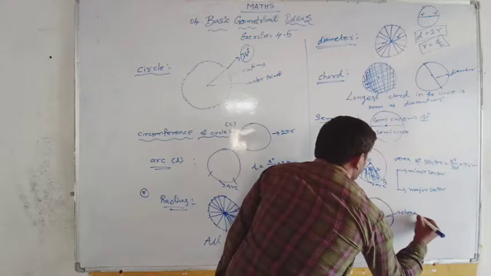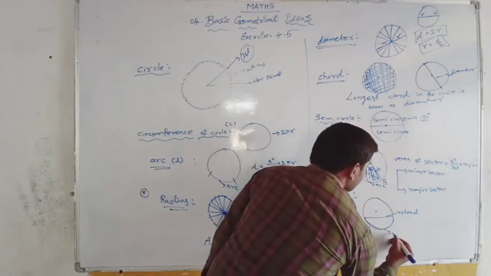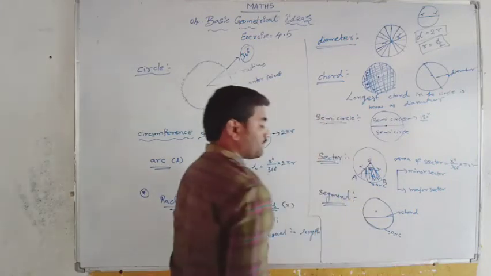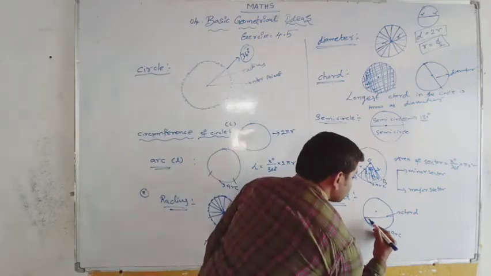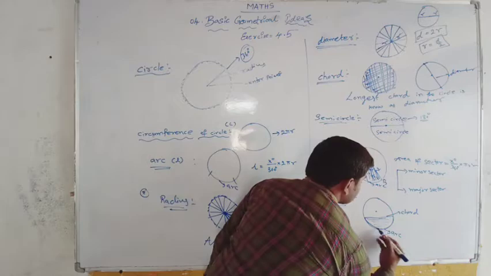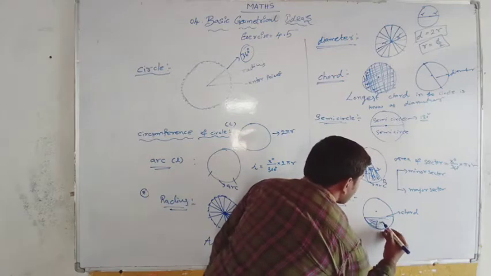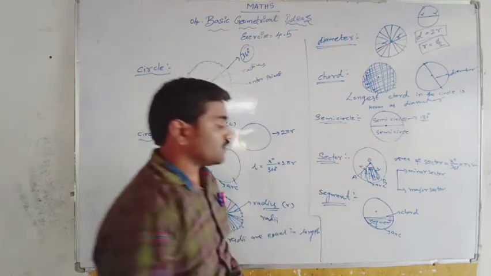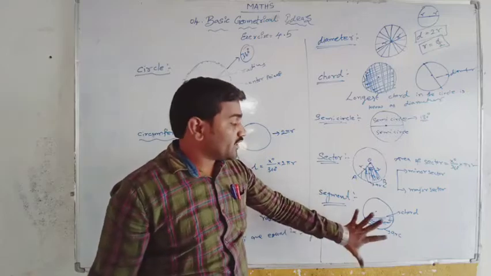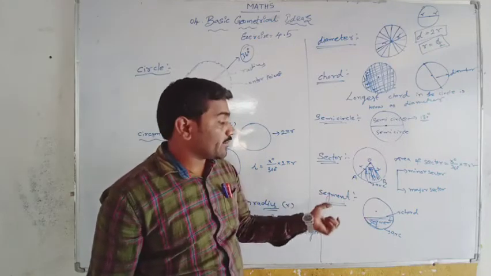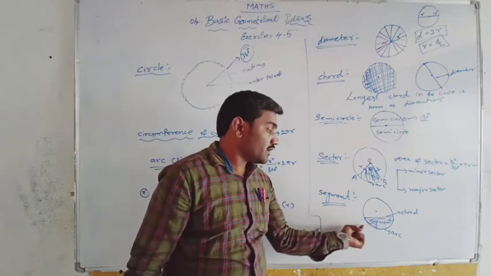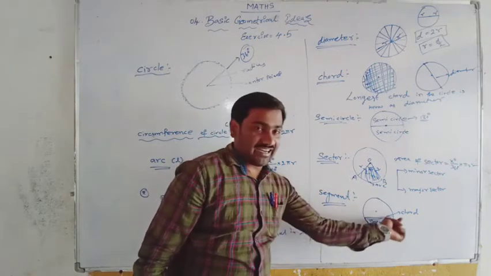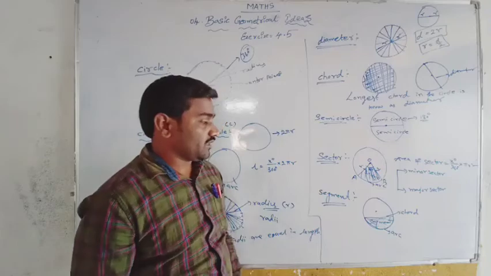This shaded area is known as a segment. How is the segment made? A segment is made of a chord and an arc.